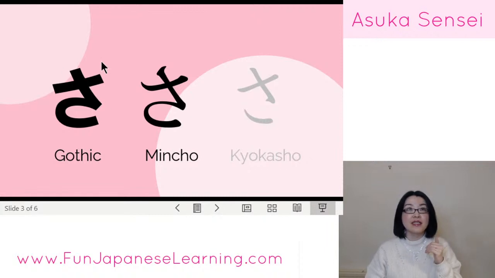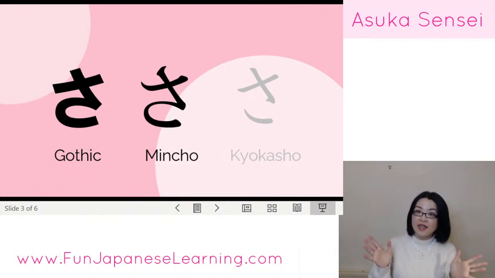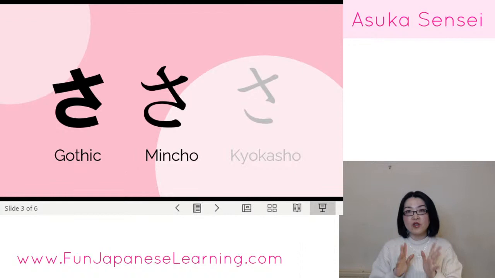Maybe in a Japanese magazine or newspaper or website, you can find these Gothic and Mincho fonts a lot. Why? Because they are the fonts for reading. These fonts look nice, and they are created for reading purposes.